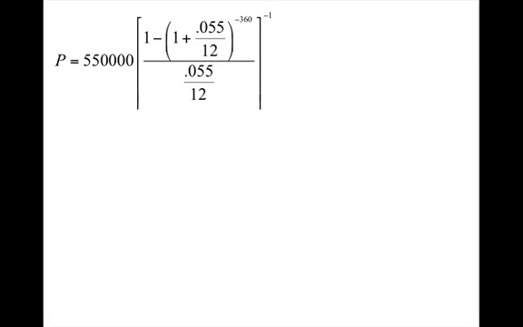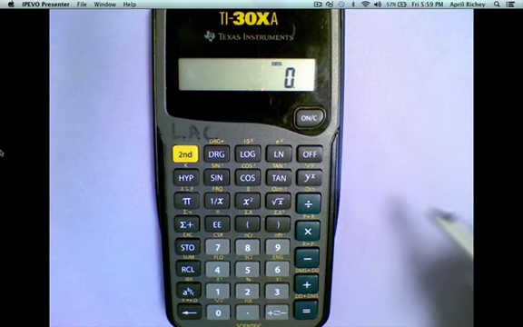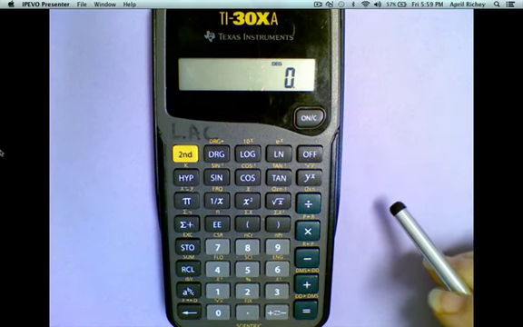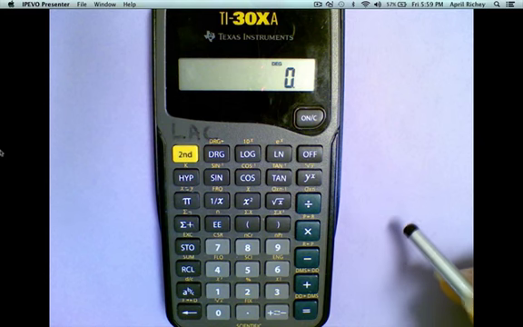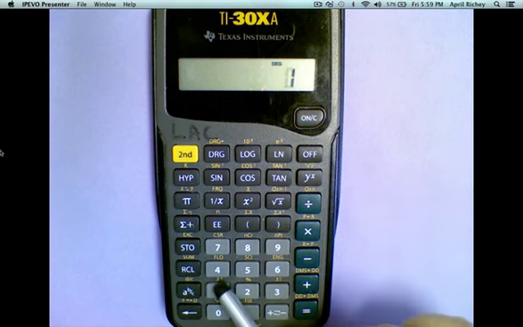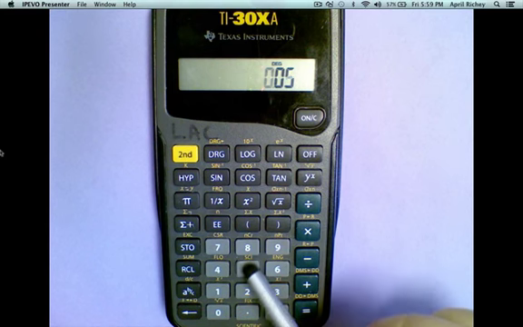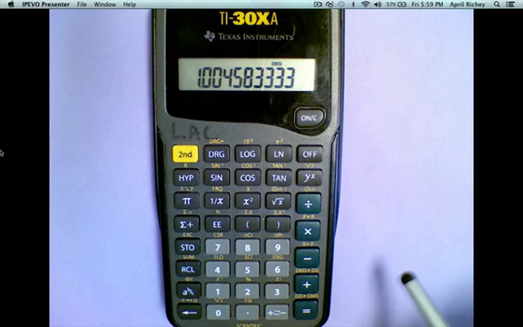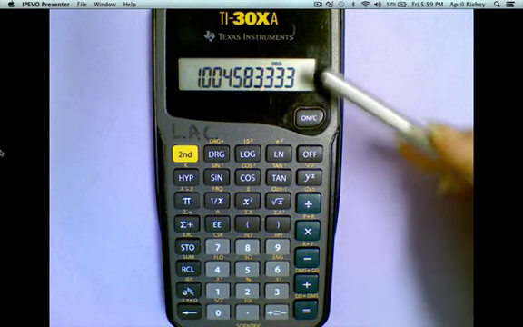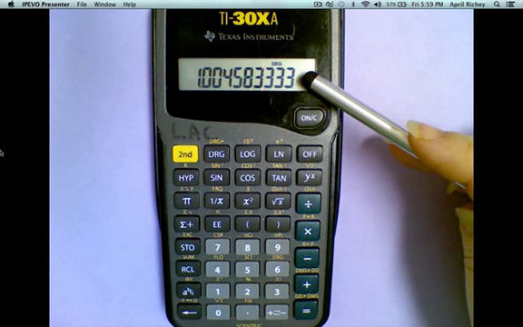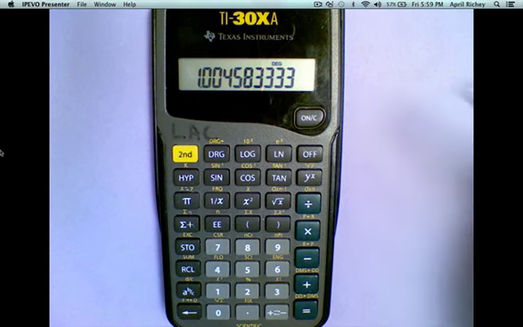So let's look at this on our calculator. As with the previous examples, begin with the parenthesis in the numerator. So I have 1 plus 0.055 divided by 12 and hit equals. Now if you notice, this was a repeating decimal, so this is one where I have to keep it a fraction in the denominator. I can't round that to a terminating decimal.